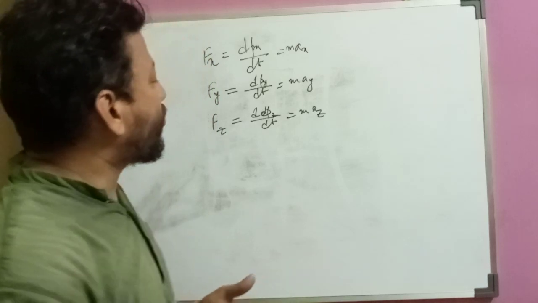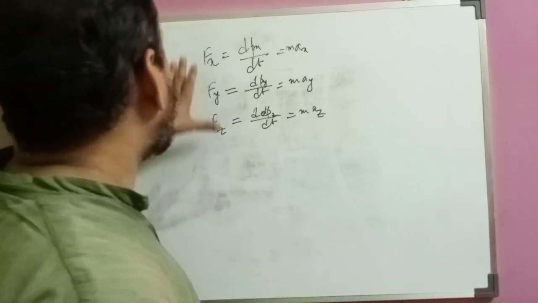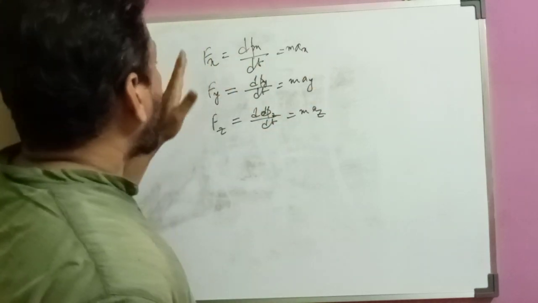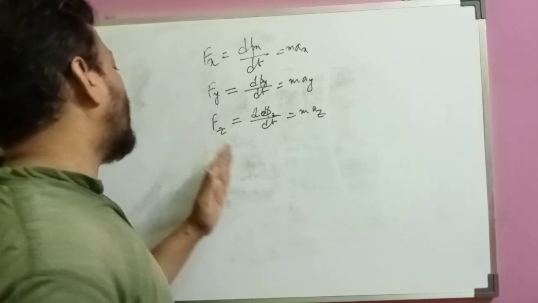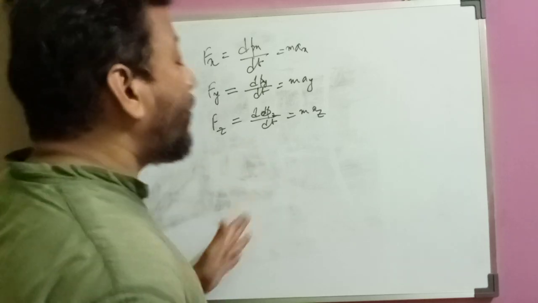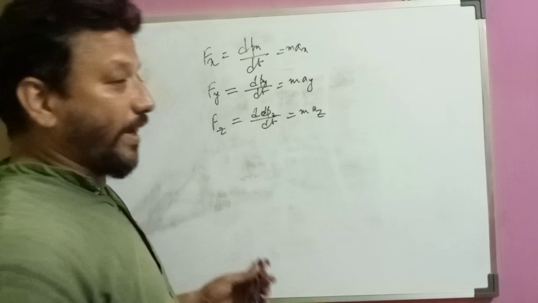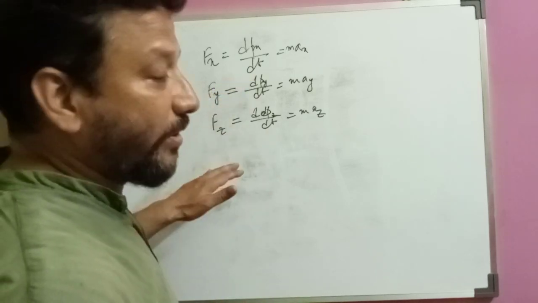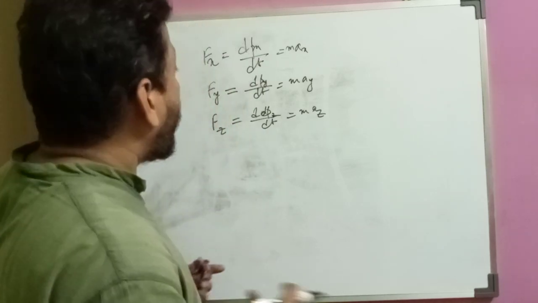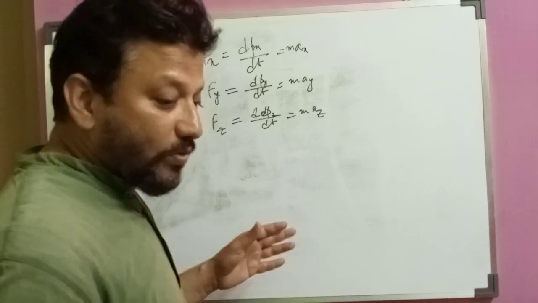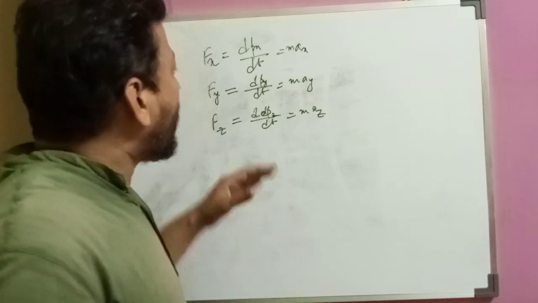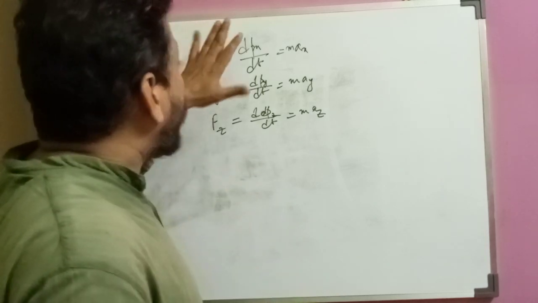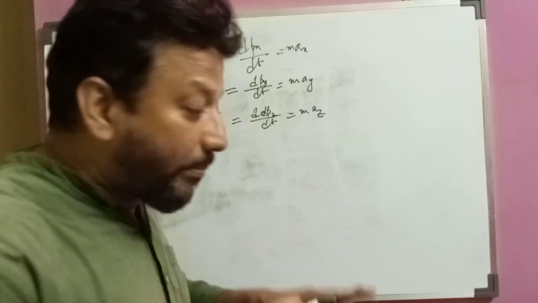So these are the representations of force in the form of calculus, derivation in the form of vectors. This is the way we can present it. You should learn all the aspects, so it will make it easier to apply Newton's second law in multiple ways.